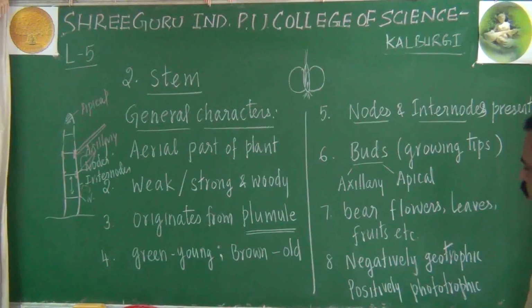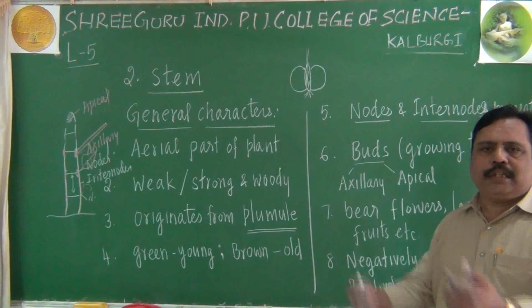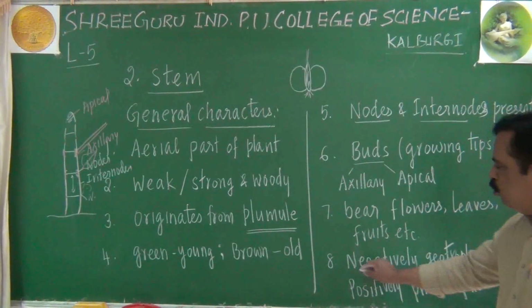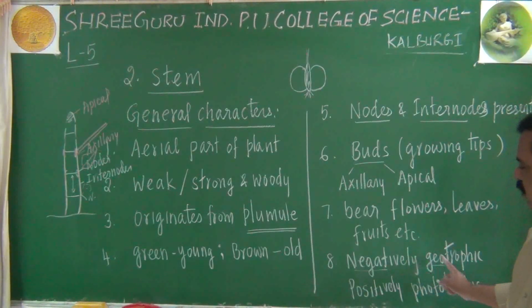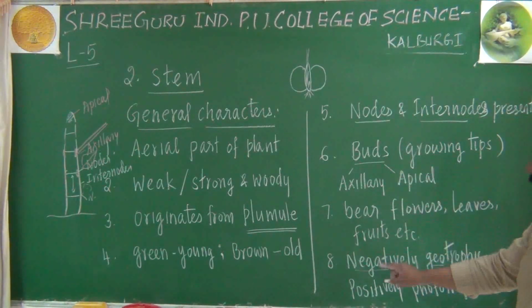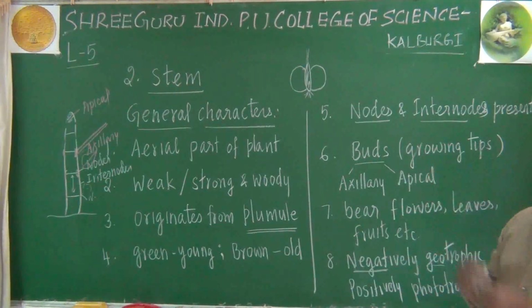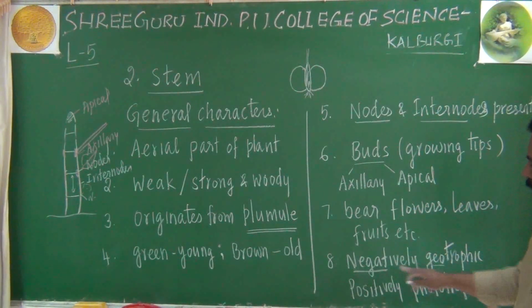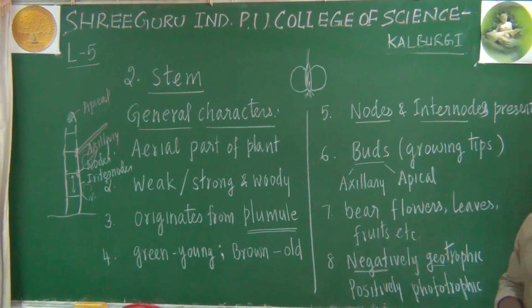What is meant by geotropic? Geography, geology means study of earth. They do not grow towards the earth. Root is positively geotropic, but stem is negatively geotropic. They will grow away from the soil, not towards the soil. So that is called negatively geotropic.